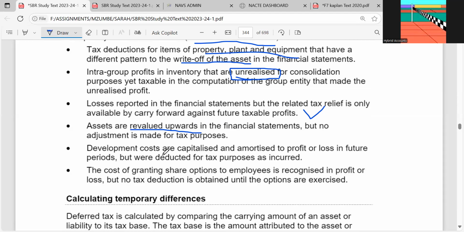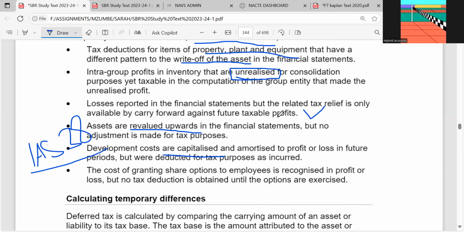Development costs are capitalized. You know, when we speak of IAS 38 intangible assets, we have research and development. If the cost is termed as development cost, it may meet the criteria for being capitalized, although not necessarily. It will depend on whether the criteria have been met.